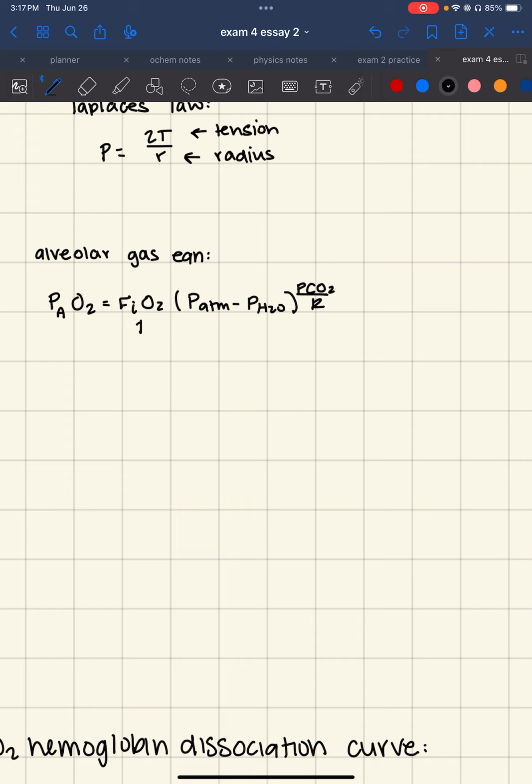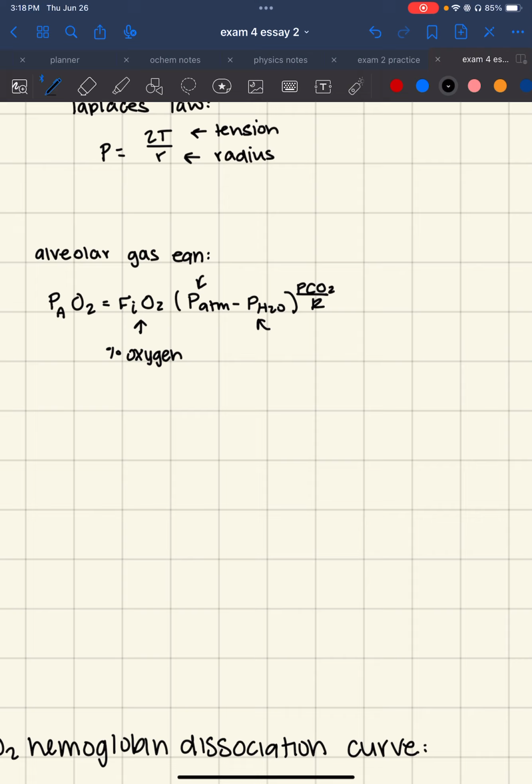So this right here is the percent oxygen, the fraction of oxygen that you're inhaling. This is the pressure of atmosphere, so it depends on your altitude. This is the pressure of water. We have determined that the pressure of the water in your lungs is a constant.